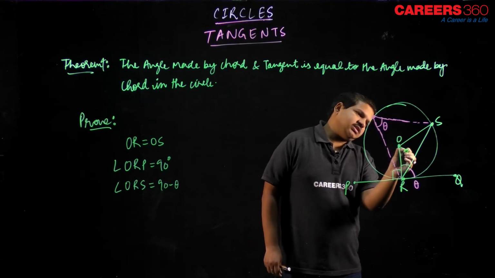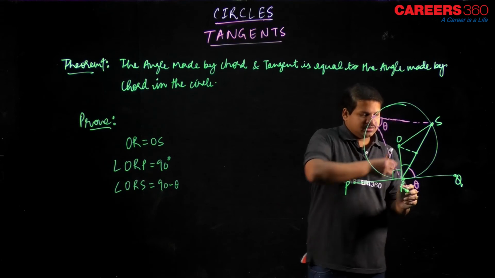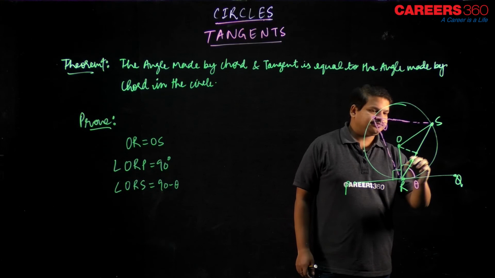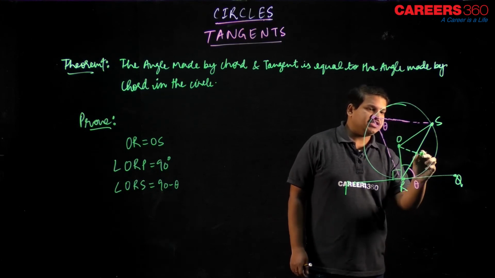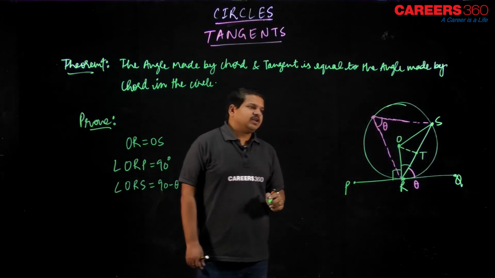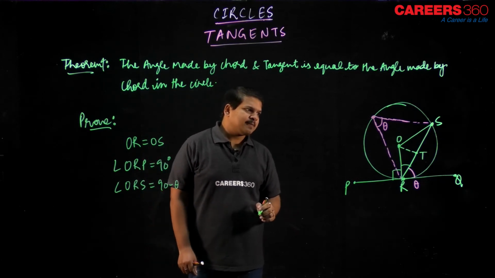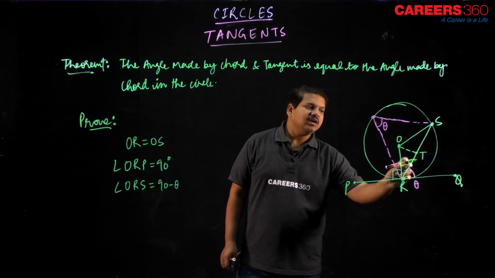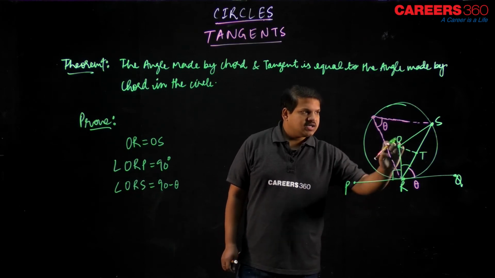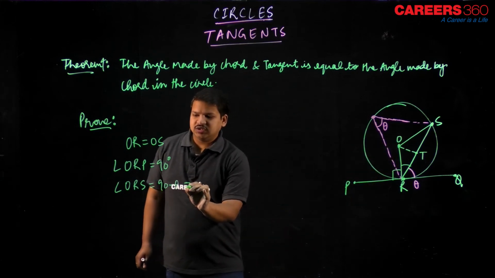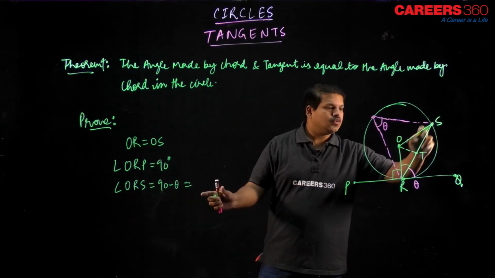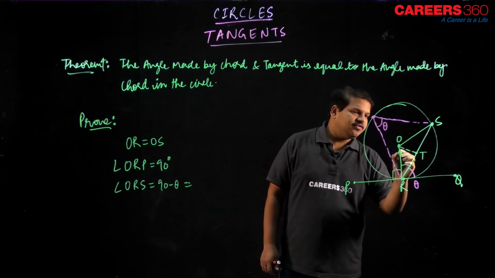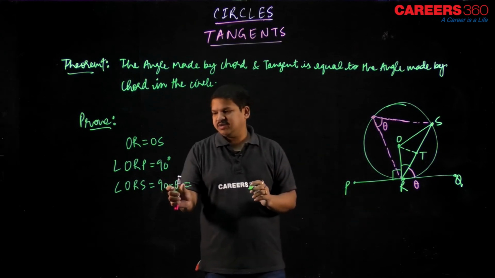And let's join this point as well. I have named this one as T. So as I can see, if this angle is 90 minus theta and OR is equal to OS, so this angle will also be equal to OSR, that is 90 minus theta.